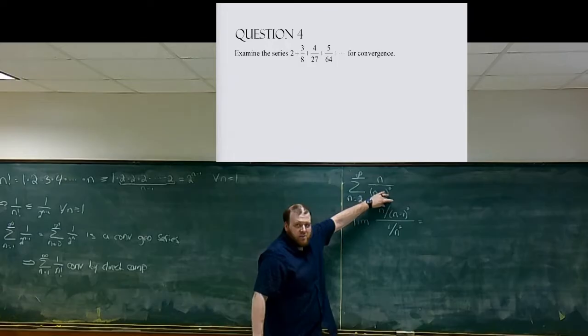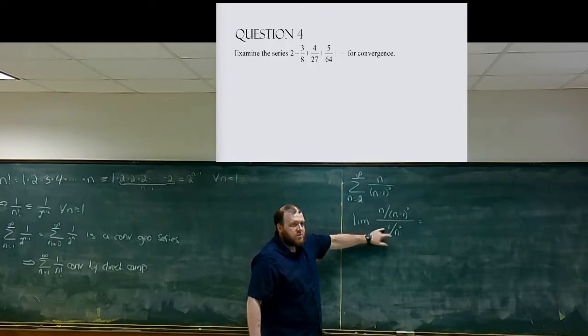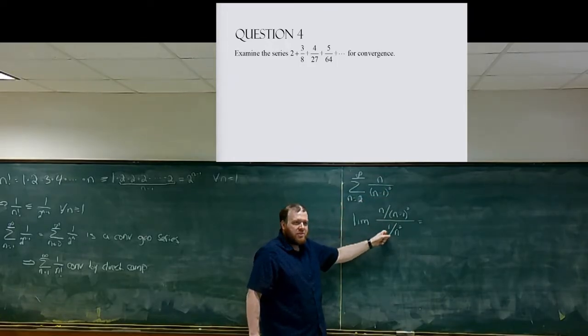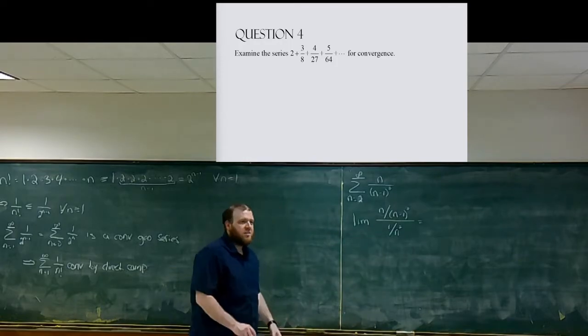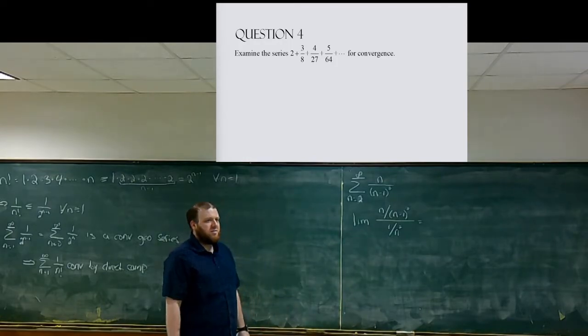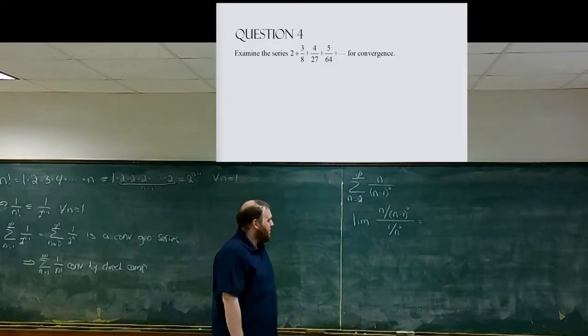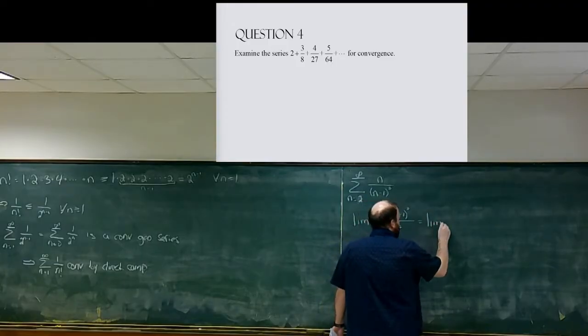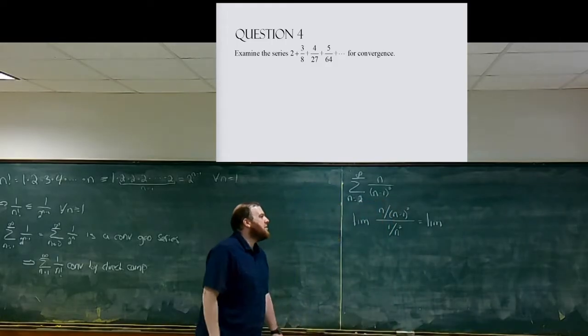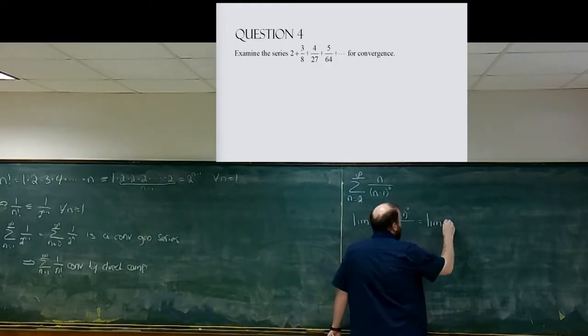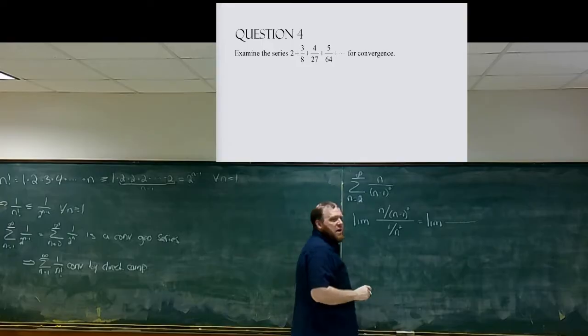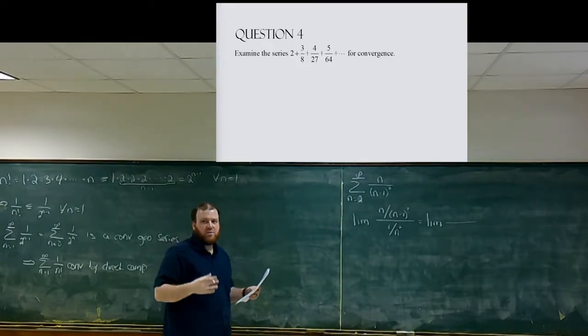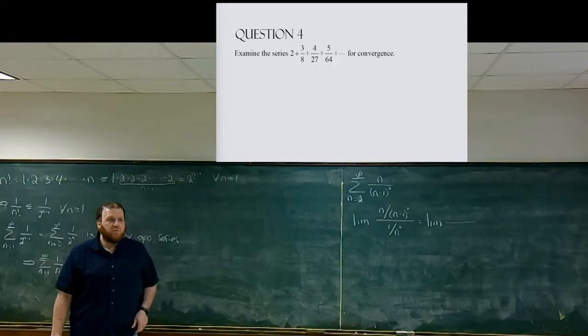This is the a sub n. This is b sub n. So I'm setting b sub n to be 1 over n squared. Simplify that. What fraction do you get? And don't worry about expanding anything. You don't have to worry about expanding out the n minus 1 cubed.